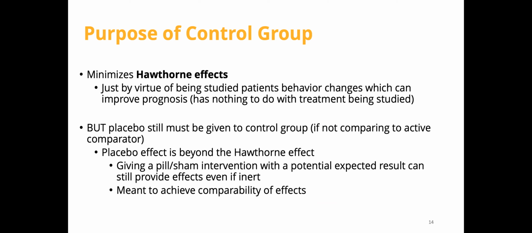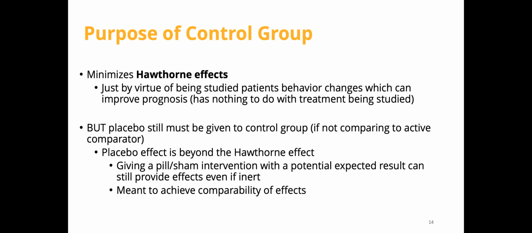If you know you're part of a study and the study medication is related to treating something like osteoarthritis, then if a patient is being studied, they might exercise differently or act differently in a way that can affect their symptoms.